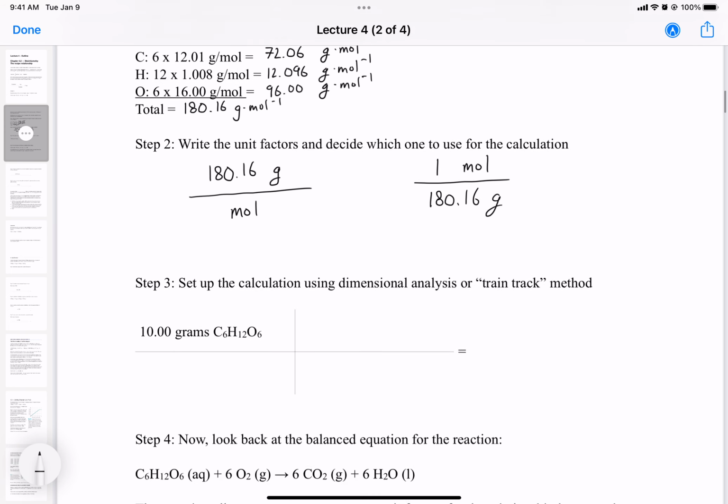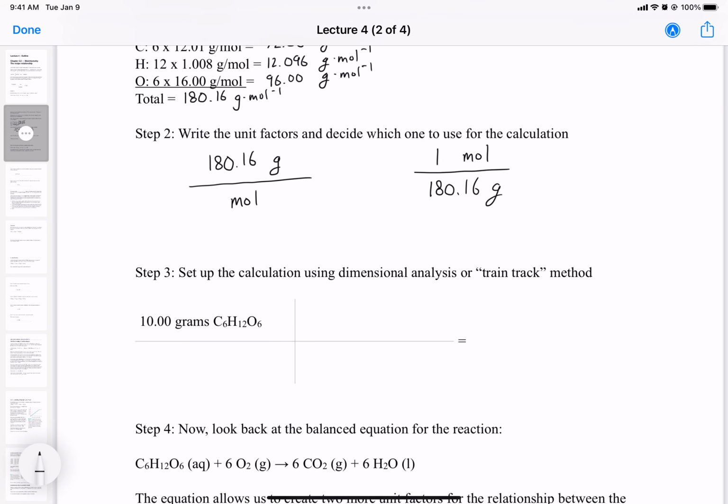Okay, so now let's set up the calculation using our train track method or the dimensional analysis method. So I like to set up these boxes, these series of fractions, because they help us get to the right unit we need at the end. So find out what you have. Usually what's on the left is what you have, 10 grams of glucose. But now we want to convert to moles.